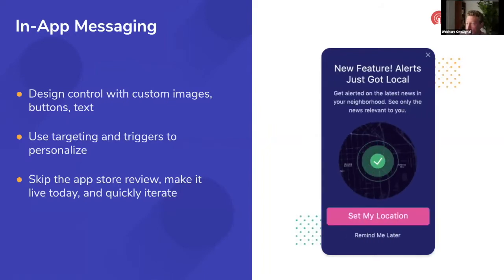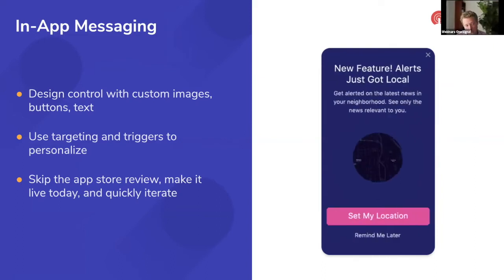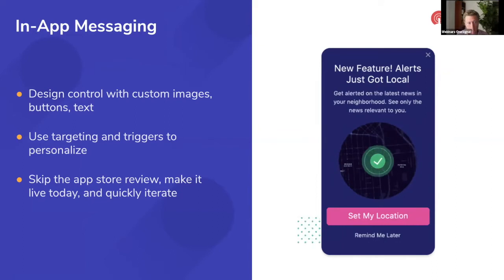In-app messages are things that appear in your app and look native. And unlike push notifications, where a user has to give you permission to be able to send them push notifications, with in-app messages, they can go to everybody who has your app installed.